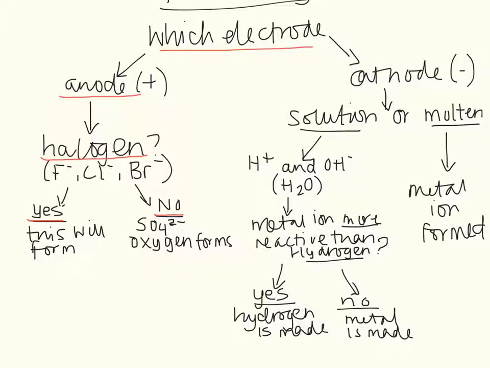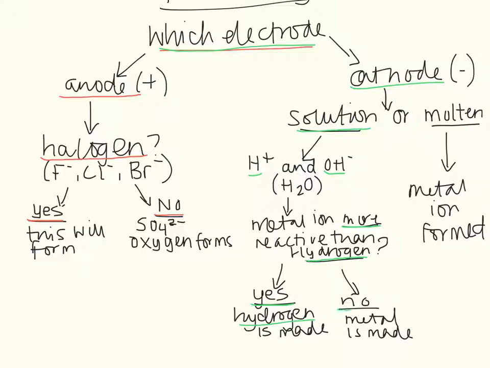So let's just whiz through the cathode again. So we ask ourselves, which electrode are we talking about? We're going to talk about the cathode. We ask ourselves, is it in solution? And if the answer is yes, then we've got H plus and OH minus ions in there. And we ask ourselves, is our metal ion more reactive than hydrogen? If it is more reactive, so if the answer is yes, then hydrogen is made.